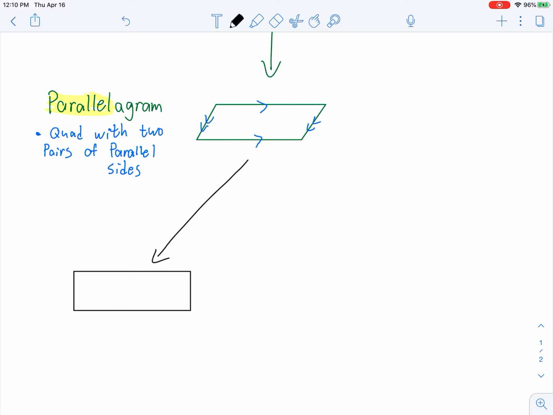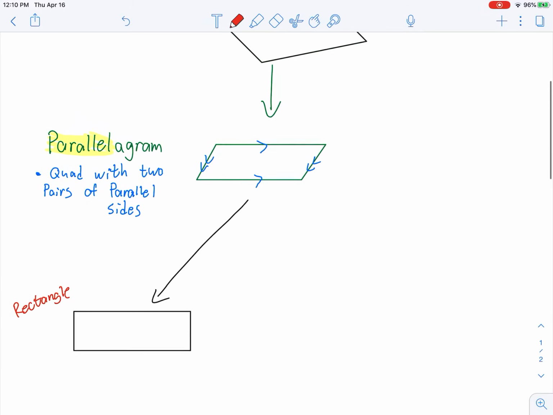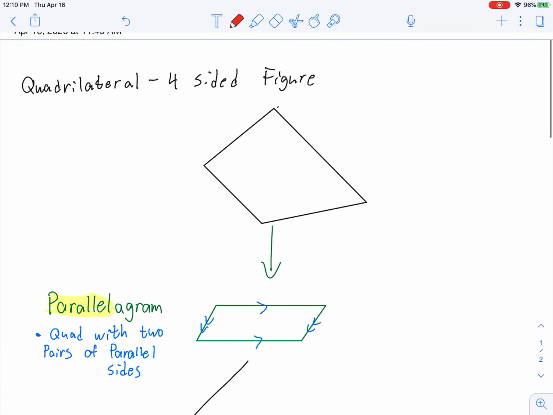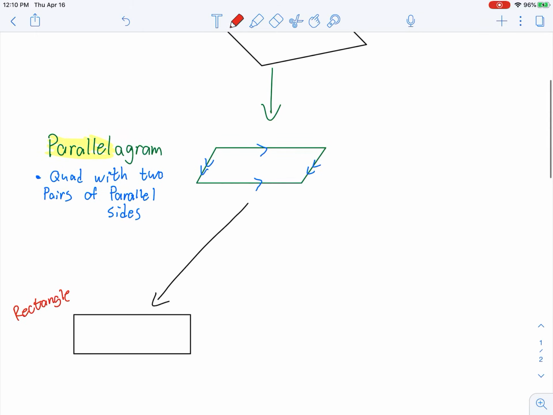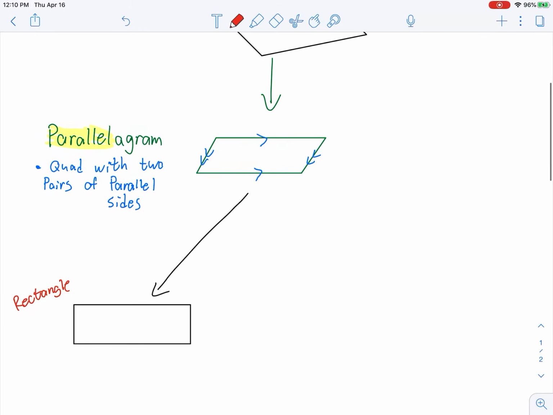It's a rectangle. Okay, so if we have a rectangle now, all right, so the same things hold true. Okay, so whatever we start at the top. All right, does a rectangle have 4 sides? Yes, because it's a quadrilateral. Are the opposite sides parallel to each other? Yes, because it's also a parallelogram.